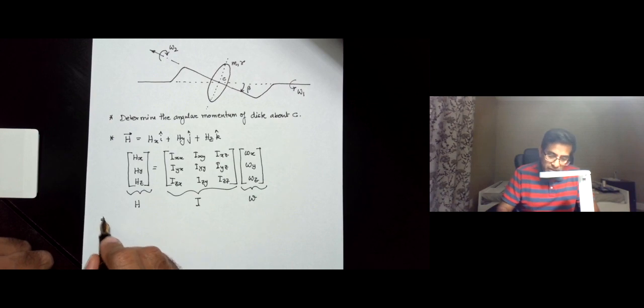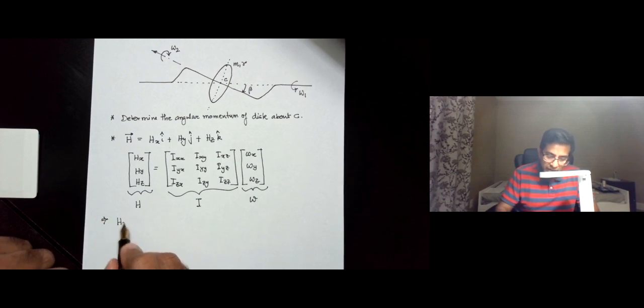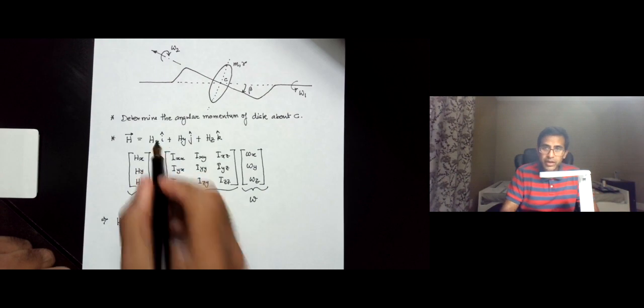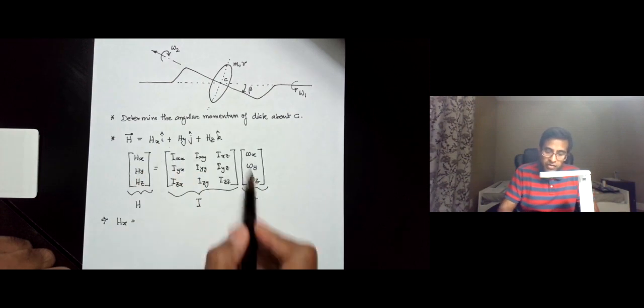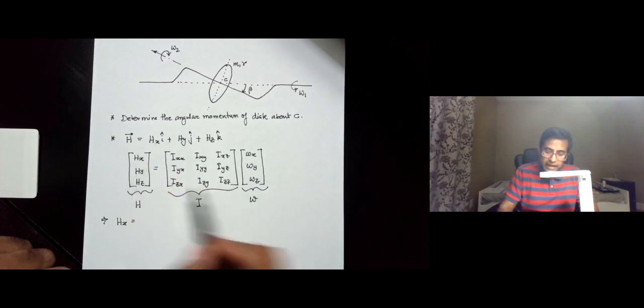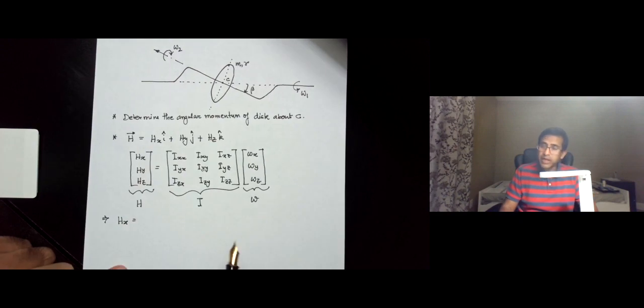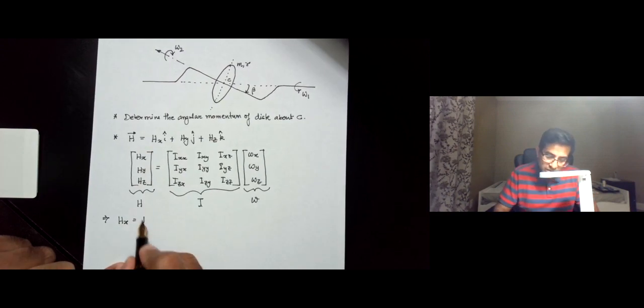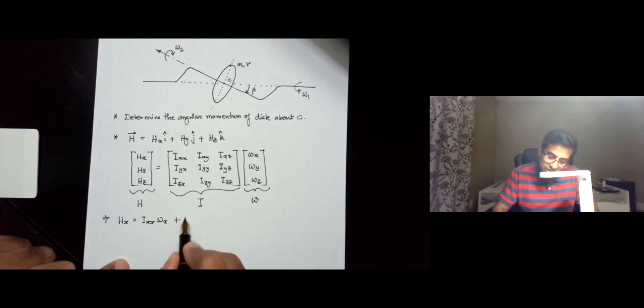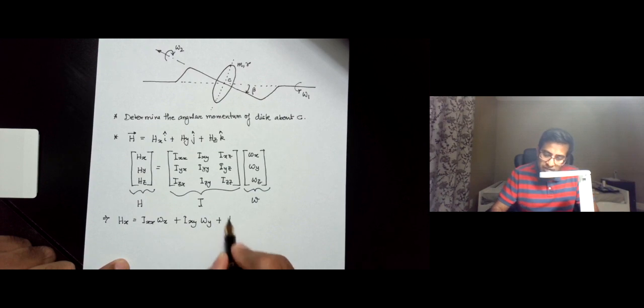We get that h of x, the h of x showing up over here, is calculated through this matrix multiplication. So it is Ixx omega x plus Ixy omega y plus Ixz omega z.